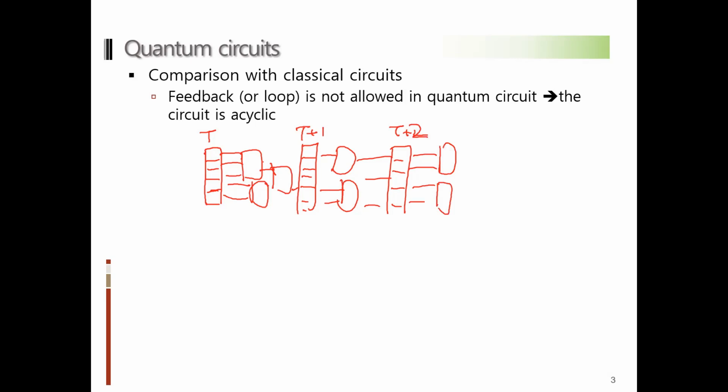So in principle, you cannot directly implement the loop, but the function can be implemented by just unfolding the loop. And because this kind of loop is not allowed, we say that the quantum circuit is acyclic.